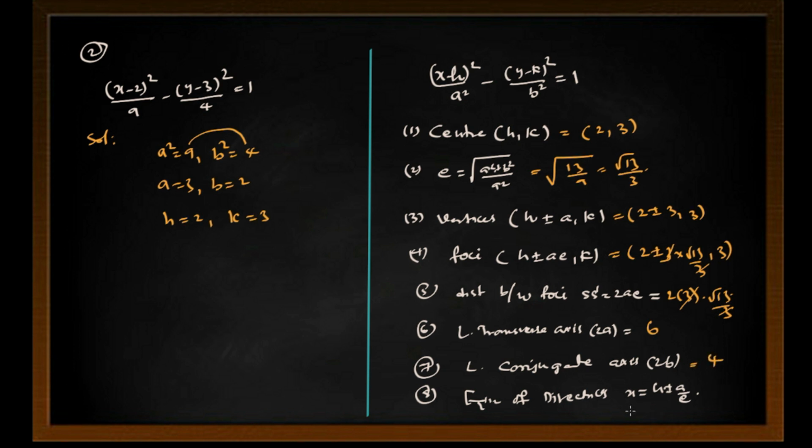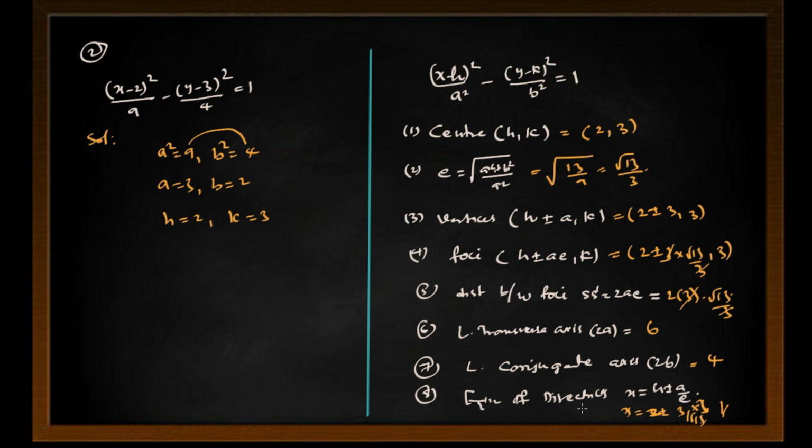And equation of directrices: x equals to h plus or minus a by e, h is 2, a is 3 and e is root 13 by 3. So 3 3s are 9. Root 13 into x, root 13x, root 13 2s are 2 root 13, plus or minus 3 3s are 9. So we can further simplify this one.